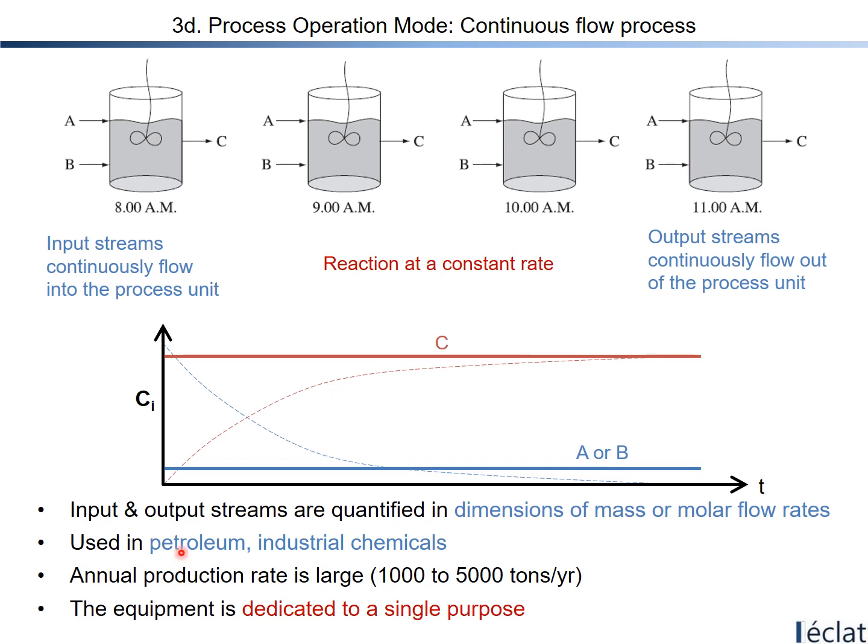These continuous processes are used in petroleum and industrial chemicals, the mass production chemicals. Annual production rate is very large, like 1,000 to 5,000 tons per year. But the bad thing is the equipment is dedicated to a single purpose, for only one chemical.